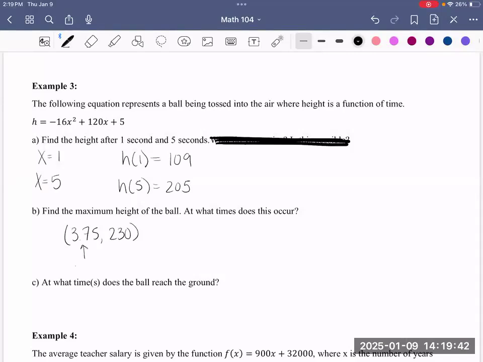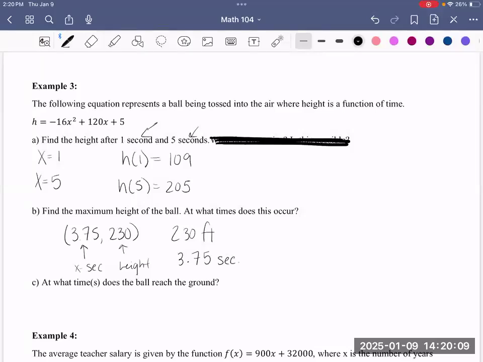Well, keep in mind your x value is always time. This is your time value. In our case, it's going to be seconds. They told us it's seconds right here. And therefore, this one is your height. So the max height of the ball is 230 feet. And your seconds it takes to get there is 3.75 seconds.